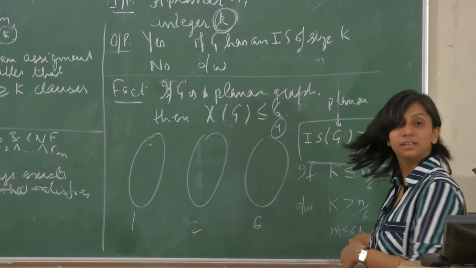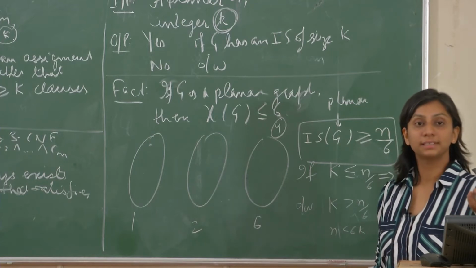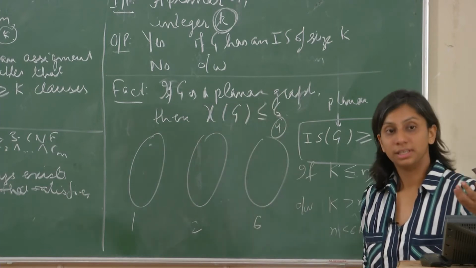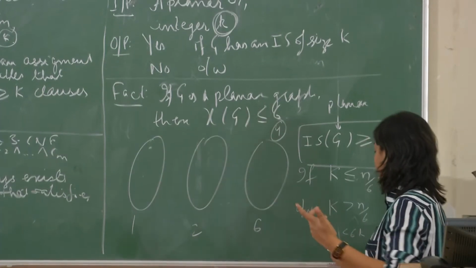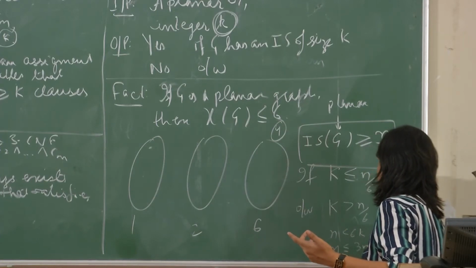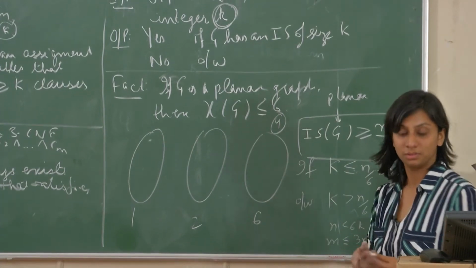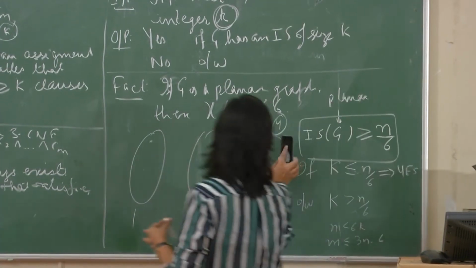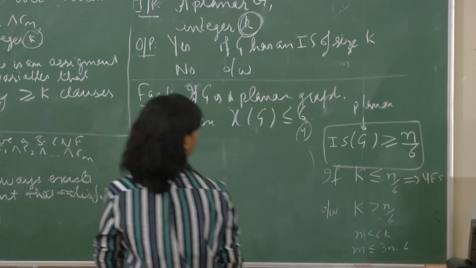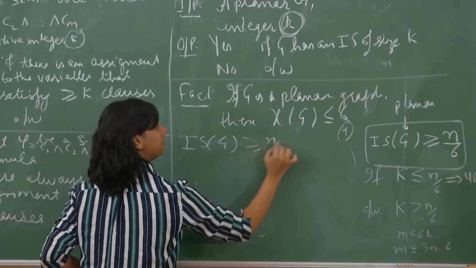And this is of course a kernel, but this only bounds the number of vertices. Can you bound the number of edges? Yes. In a planar graph, you always have this bound that m is at most 3n minus 6. So what we had was that the independent set of the graph is at least n by 6.